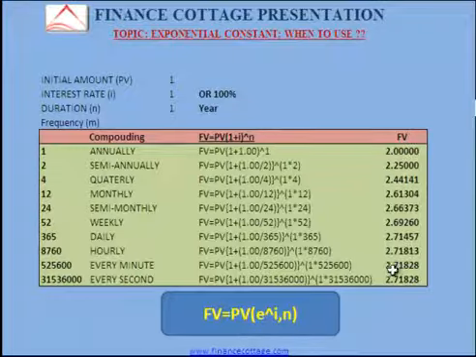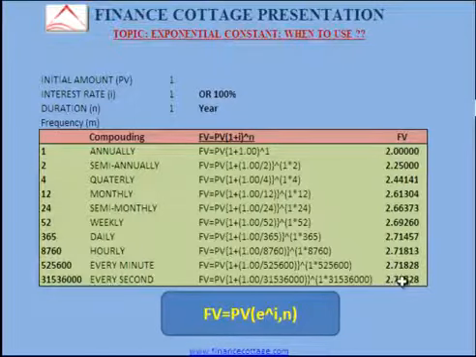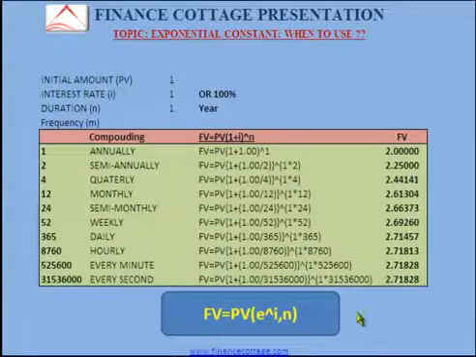So this is the concept behind the fixed value in case of continuous compounding, and this value is represented by small e, and the value of this small e is 2.7182.